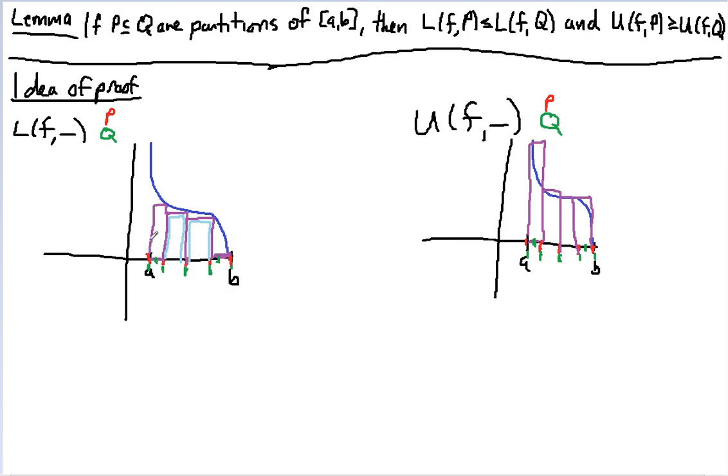Similarly there. This is the lower one. So for the lower one, that means I'm just going to go up until I hit right there. And then this one's actually going to end up being the same. Notice what happened.